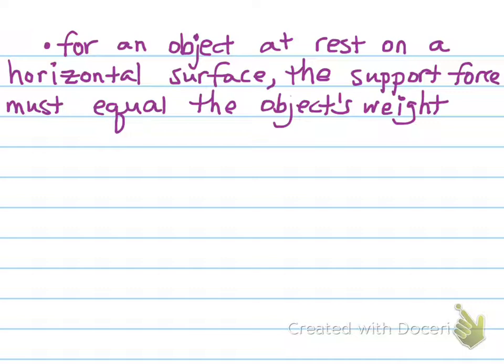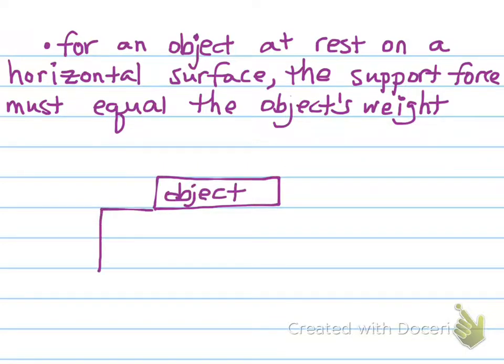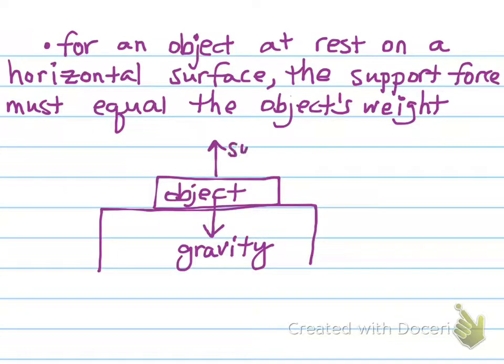So to take a look at this, if I have my object sitting on a table, fancy drawing, there is gravity acting downward on this object, but there is also a support force provided by the table that's acting upwards.